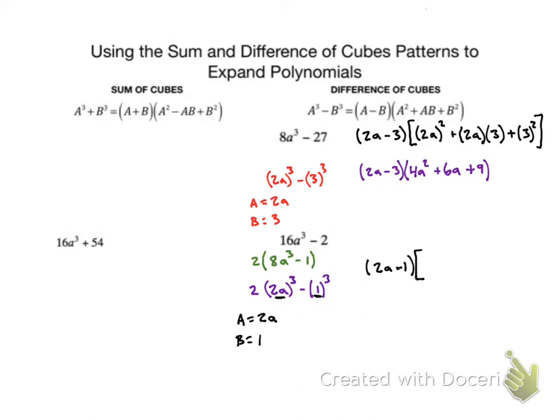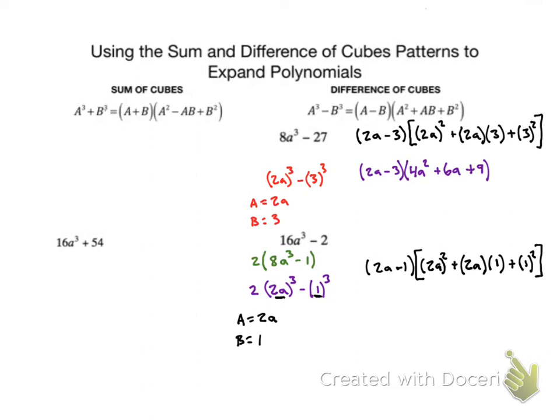In parentheses, the first one we're going to have is a squared. A squared is 2a squared plus a, which is 2a, times b, plus b squared, which is 1 squared.